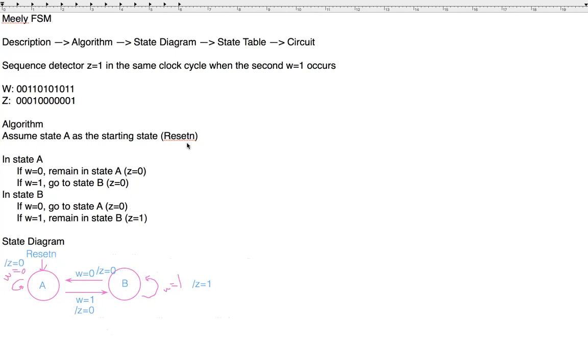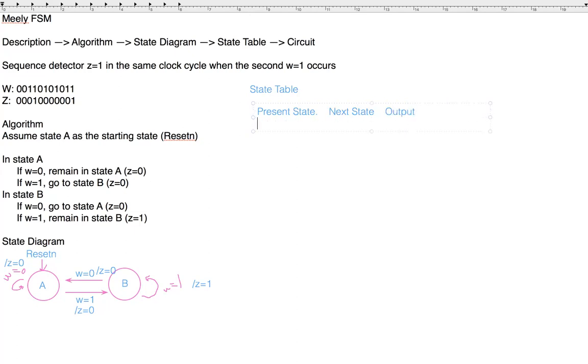And now we're going to have to go to the state table. Okay, for state table, what we're going to have here is present states, next states, and output. And so present state, next state, and our output.